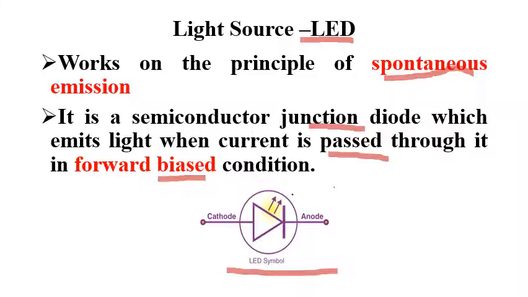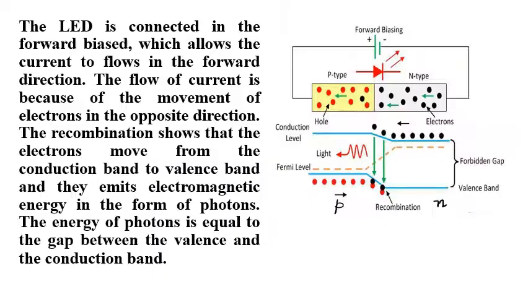This is also the symbol for the laser diode. एक सिंपल पीएन जंक्शन डायोड में जब वो फॉरवर्ड बायस होता है, होल्स और इलेक्ट्रॉन्स कंबाइंड होते हैं, बट एनर्जी इज रिलीज्ड इन फॉर्म ऑफ हीट. इन केस ऑफ एलईडी, when electrons and holes combine, the energy is released in form of light. ये electrons, they fall from the conduction band to the valence band and the recombination takes place. और जो एनर्जी रिलीज है, it is in form of photons, that is light. This will depend upon the material used.